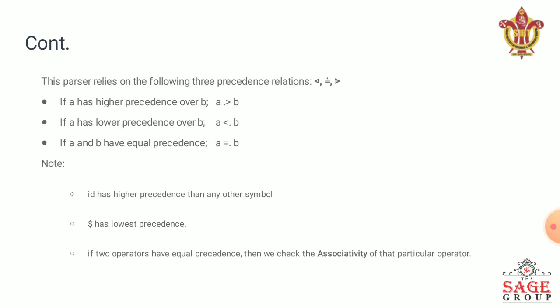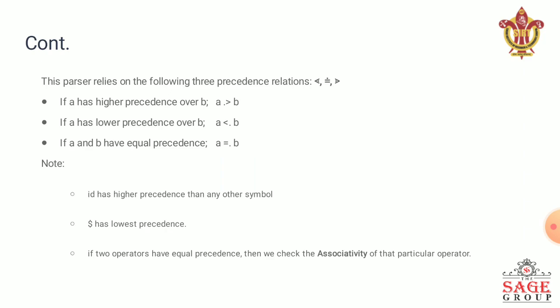The precedence relation can be presented in three ways: less than, equal to, and greater than. If we have two terminals A and B, and A has higher precedence than terminal B, then it can be presented by A greater than B. Same if A has lower precedence, then it can be presented by A less than B, and if A and B have equal precedence, then it can be presented like this.